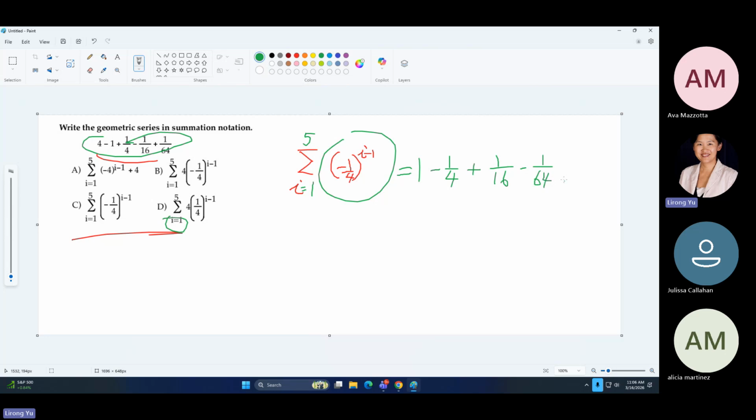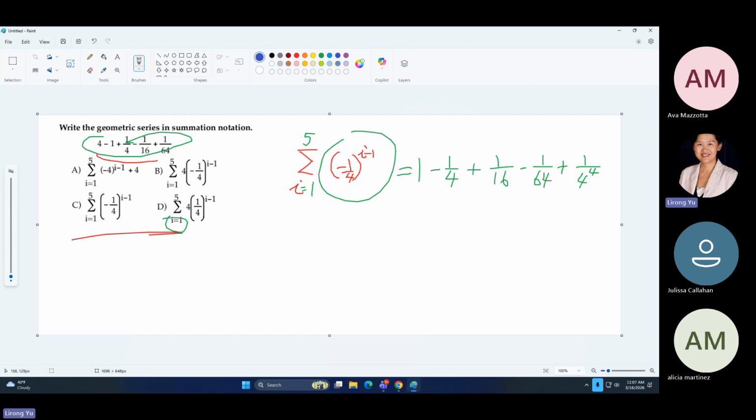And the next one will be I equals 5, so that would be positive, 1/4 to the power 4. So that's how it looks if we don't multiply by an additional number.